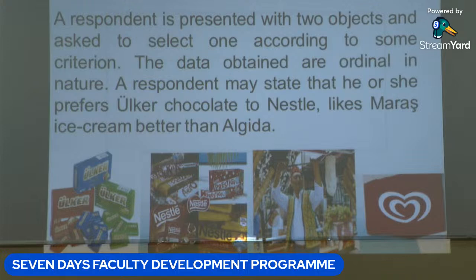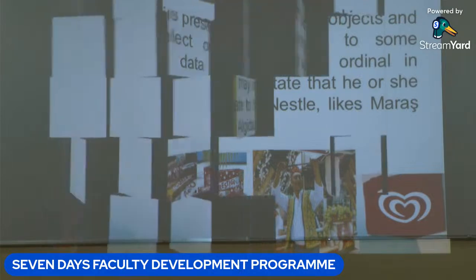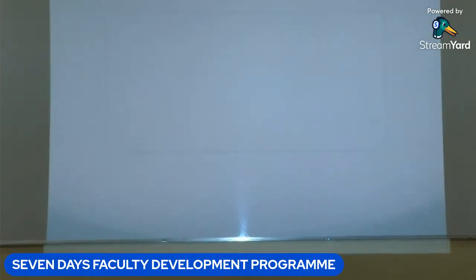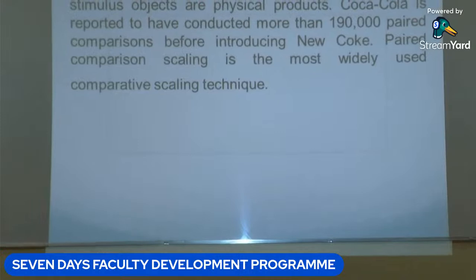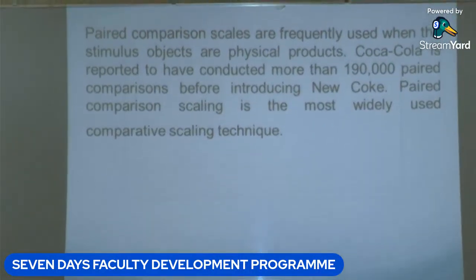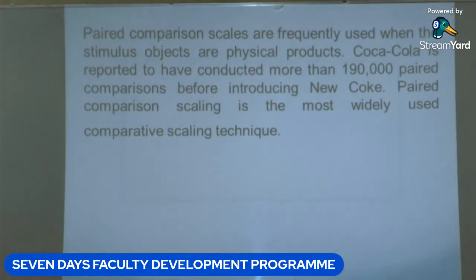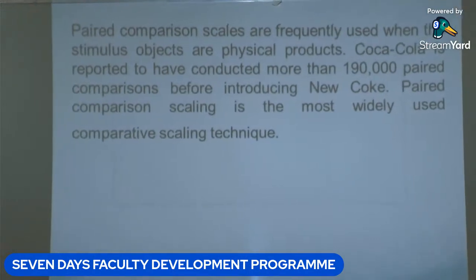These are some products, and the preferences or likeness of the consumer related to the products. So this is an example. Now, how should we construct a scale for these paired comparisons? It is frequently used when the stimulus objects are fixed.